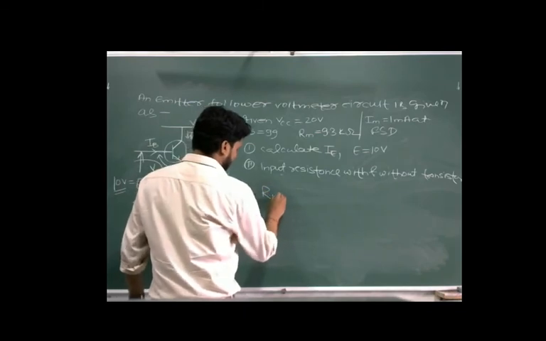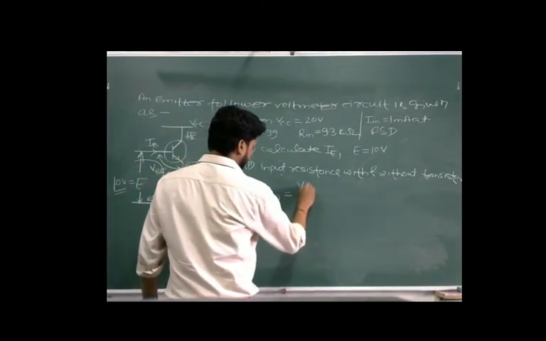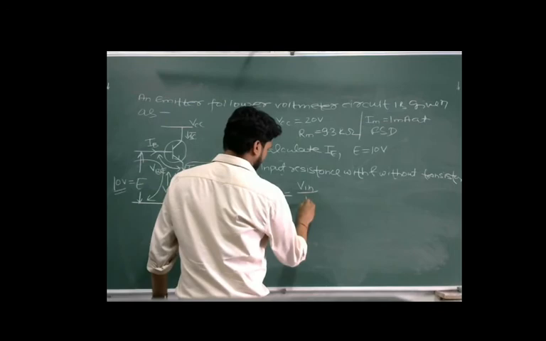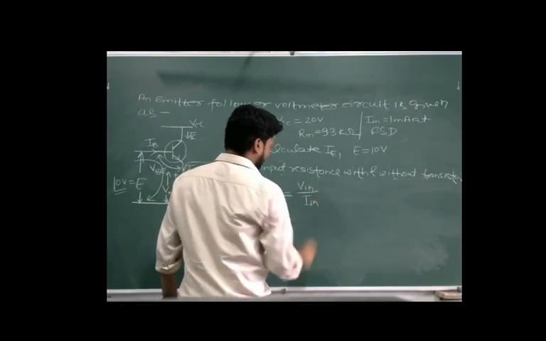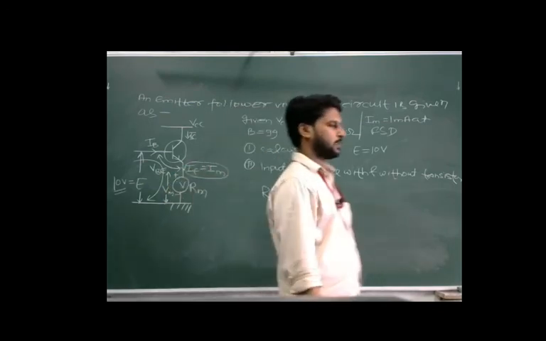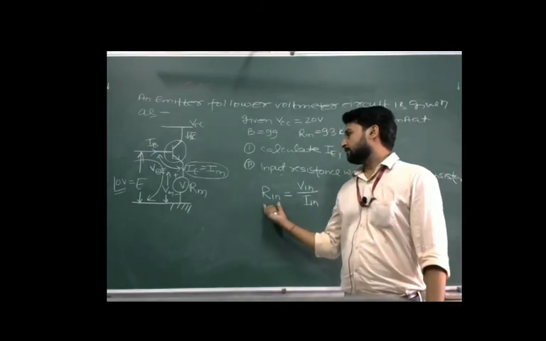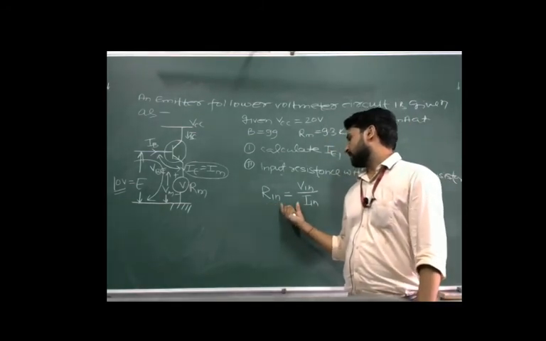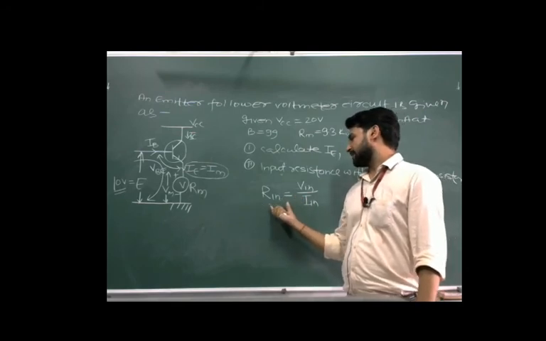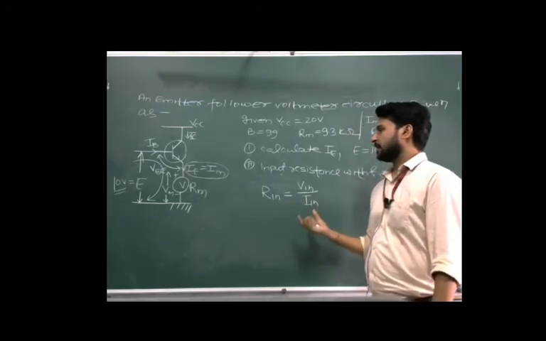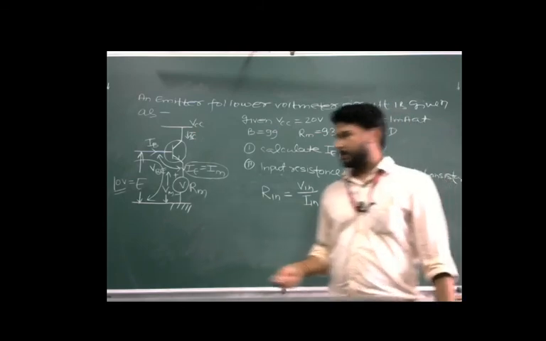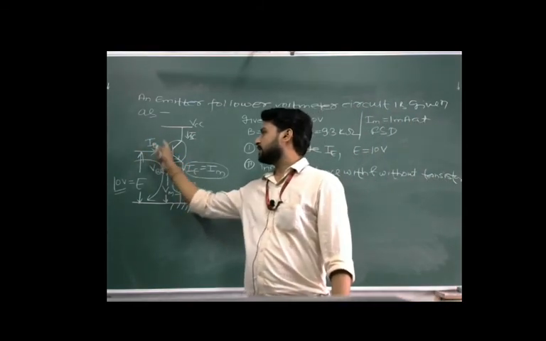the input resistance will be Rin is equal to V in upon I in. Input impedance means the potential across the input terminal and the current passing from the input terminal. This current I in this case is IB.